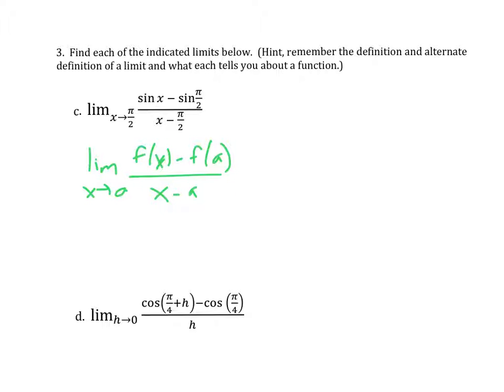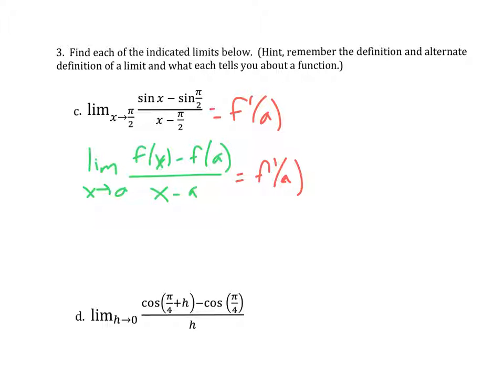So the question is actually asking me for the derivative at a point. I'm actually going to get a numerical value for this, not a function. There should not be any x in my answer.